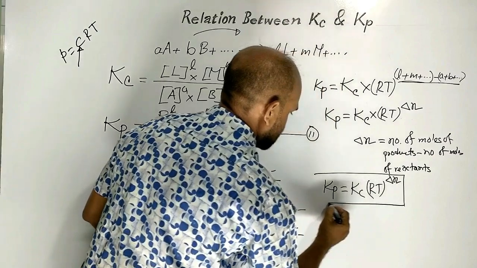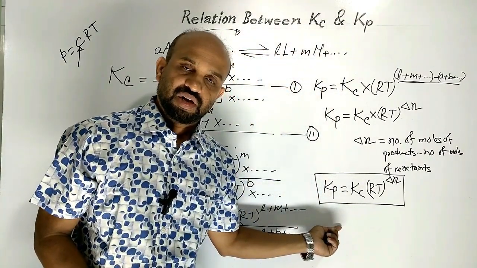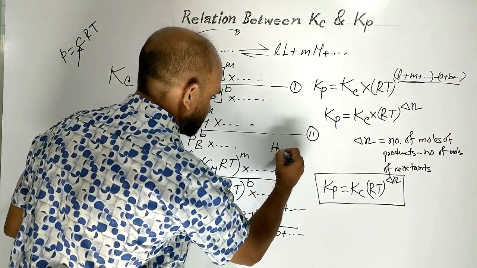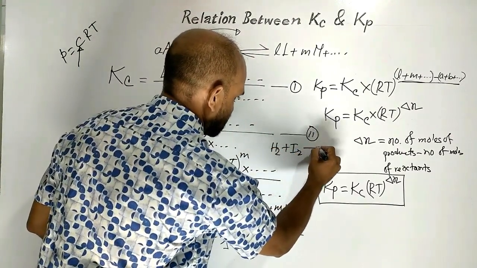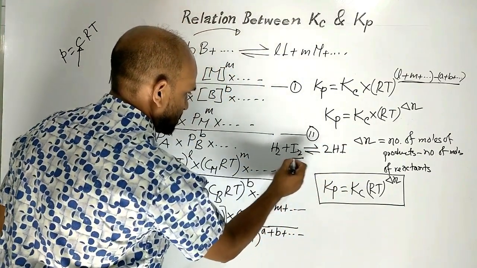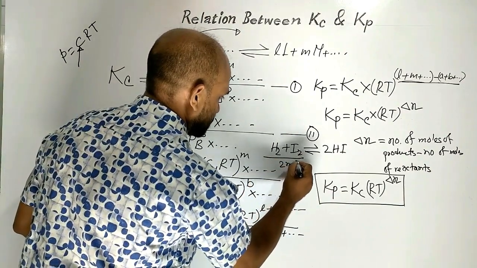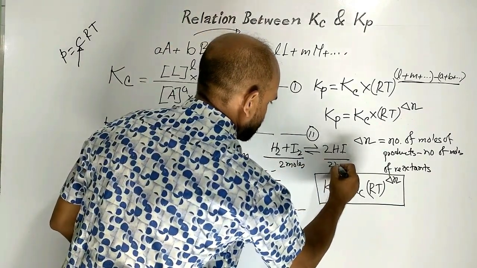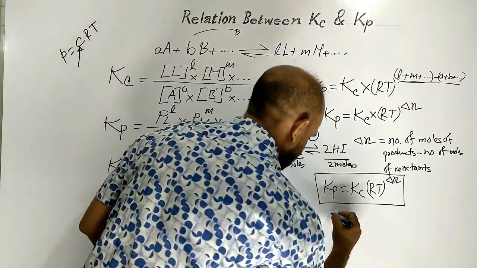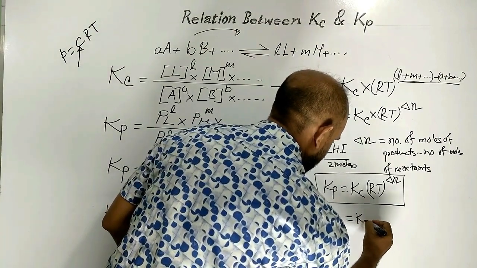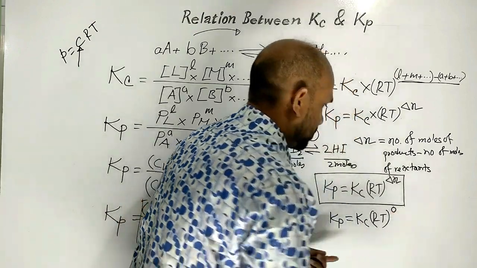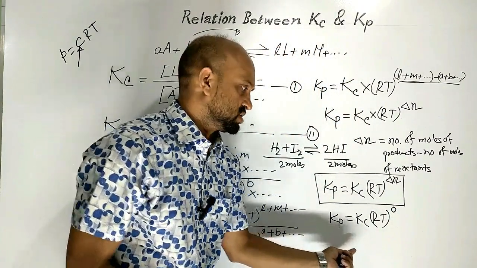This is the relation between Kp and Kc. Suppose the reaction is this reversible reaction, here hydrogen iodide, in this case 2 moles, in this case 2 moles. For these types of reactions, the difference of products and reactants is 0.